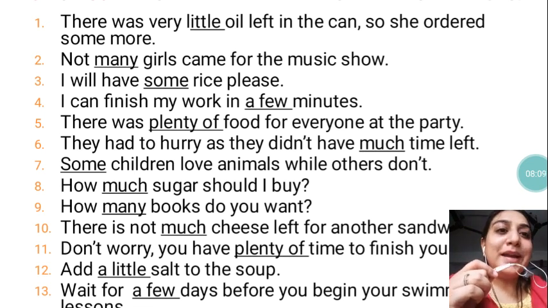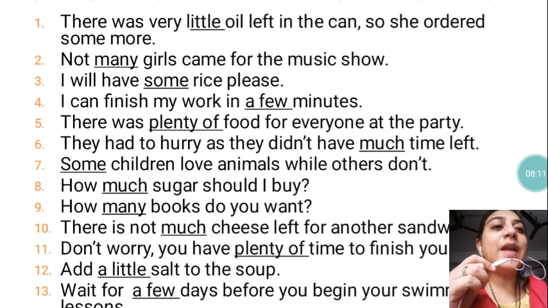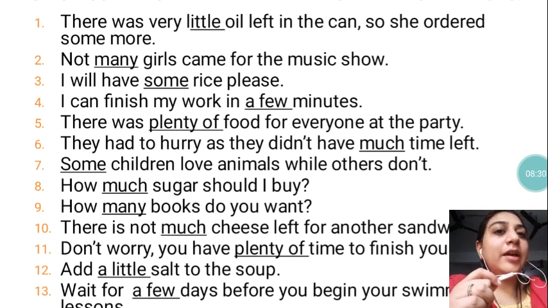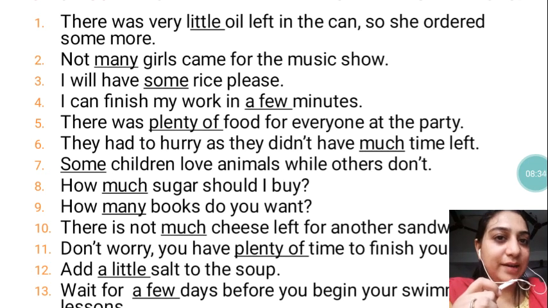There was plenty of food for everyone at the party. Now let's see the sixth blank. They had to hurry as they didn't have dash time left. We know time has a limitation, so we will use the word much. They had to hurry as they didn't have much time left.